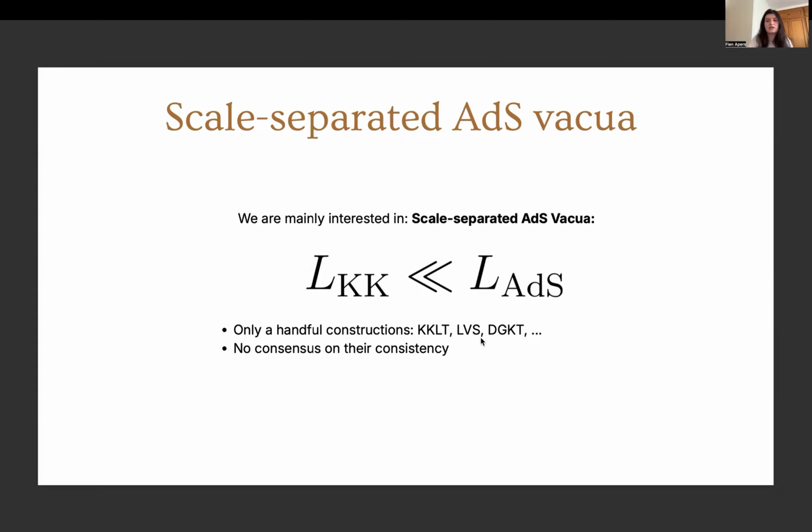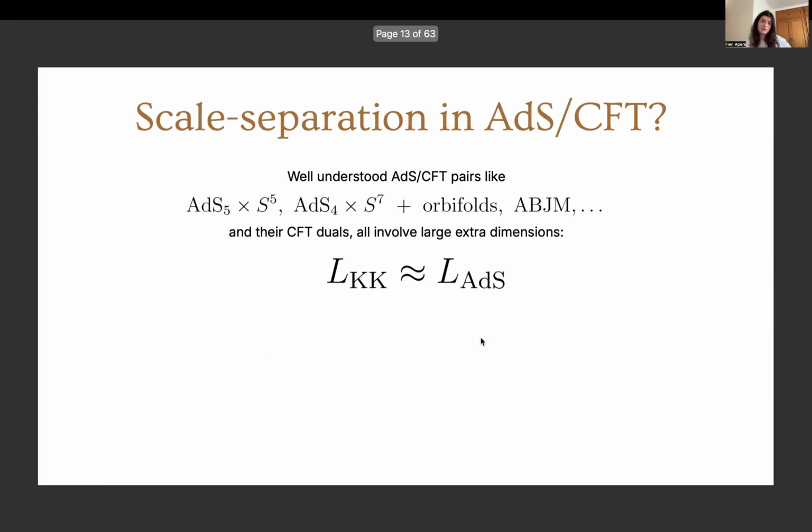Scale-separated AdS vacua are also very interesting from the AdS/CFT perspective, because well-understood AdS/CFT pairs like AdS5 × S5 in type IIB, and the duals of other Freund-Rubin vacua, or ABJM, all have internal manifolds that have approximately the same size as the AdS scale.